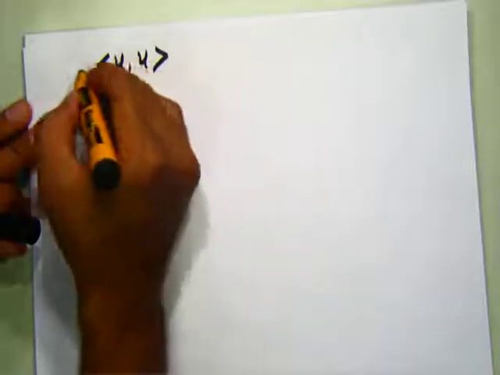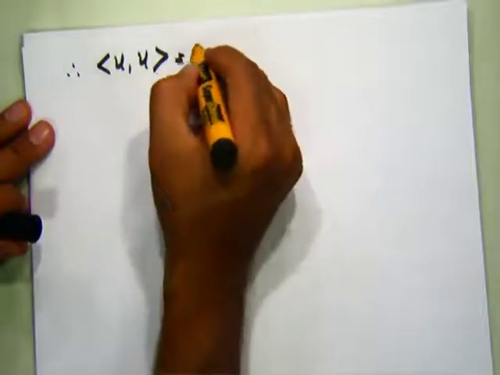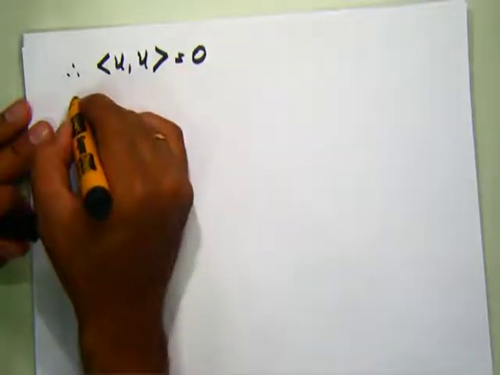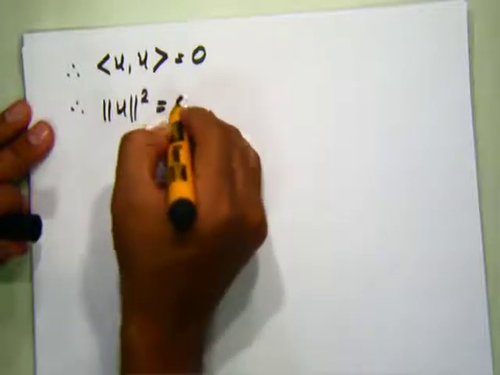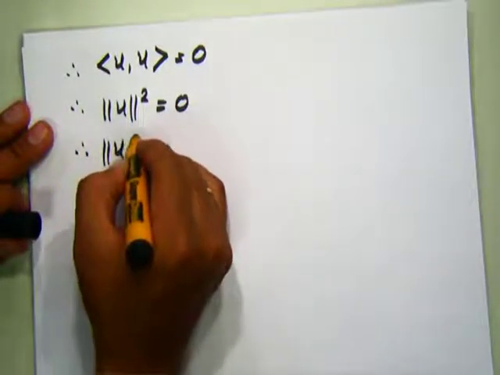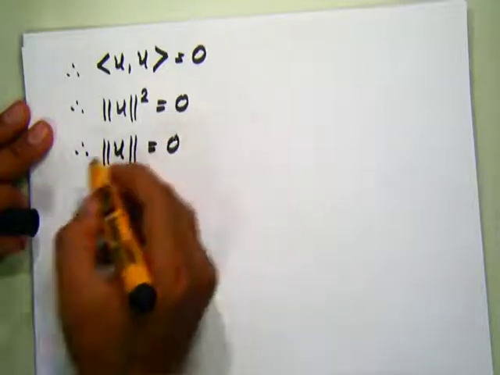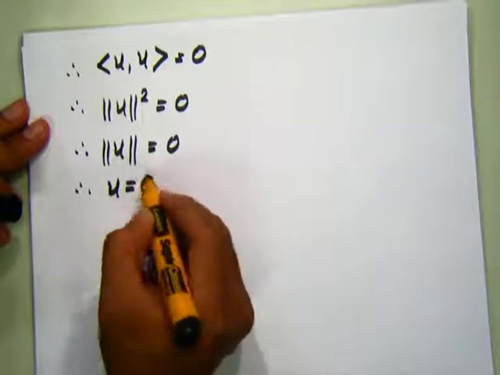So we must have the inner product of U with U equal to 0, and as we know, it is nothing but norm of U squared. Norm of U squared equal to 0, we have norm of U equal to 0, and therefore we must have U equal to 0.